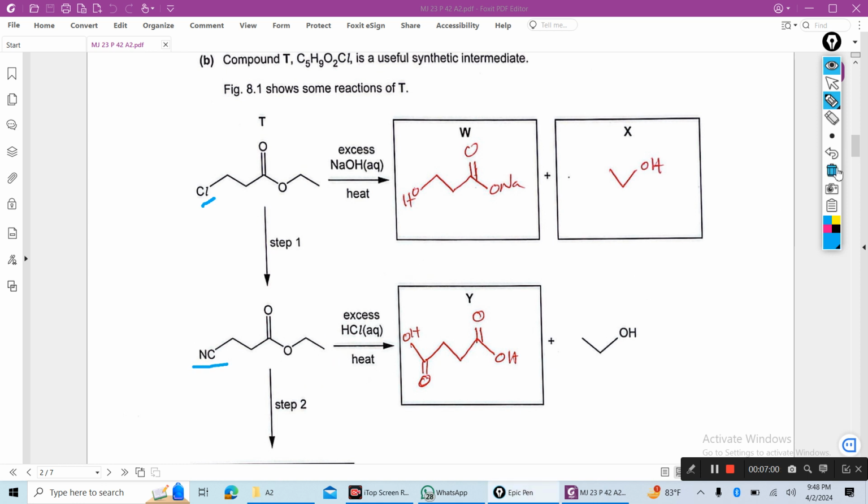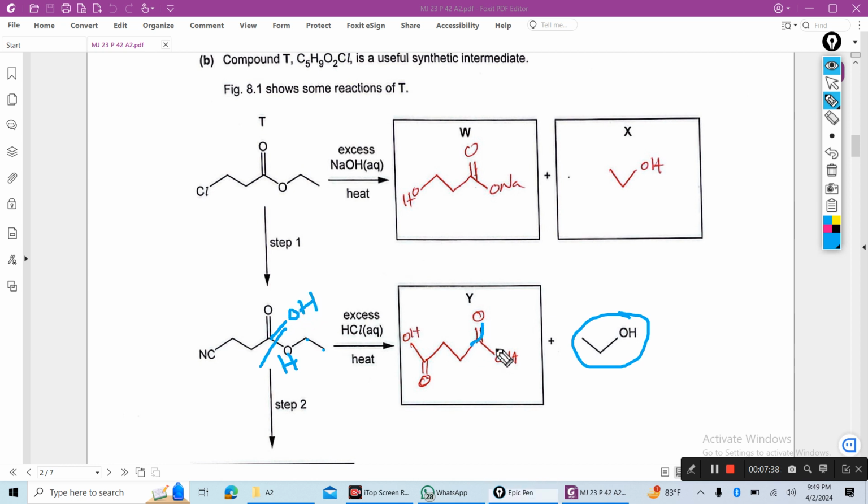Then the nitrile compound, which also has the ester COO, reacts with excess aqueous hydrochloric acid, and hydrolysis of the ester gives alcohol, breaking down to CH3CH2OH, the alcohol from ethanol. Then carboxylic acids. So OH will be added to form a carboxylic acid.